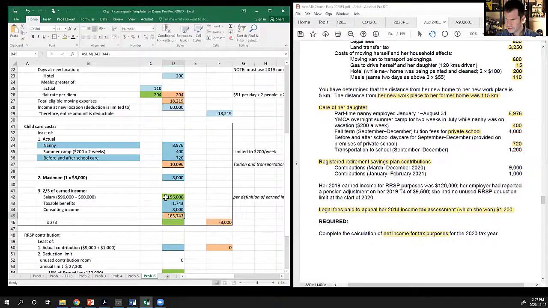I think that's correct. Okay, so there's her earned income for the year. Now with RRSPs, it would be prior year earned income, not for childcare. It's the current year earned income that we're utilizing. So we'll take that, we'll multiply it by 2/3 equals this.